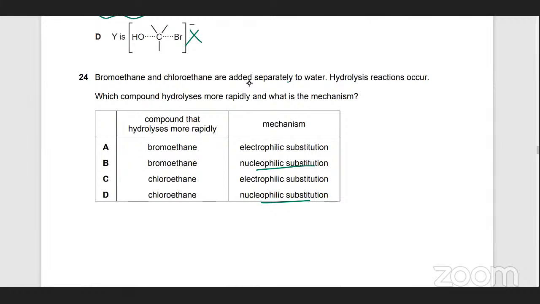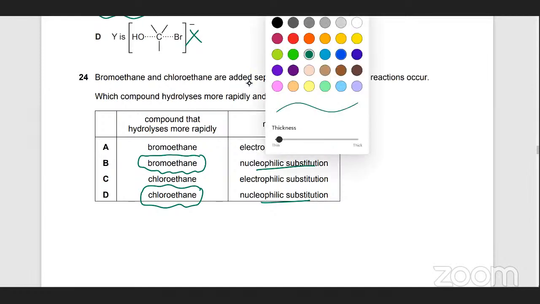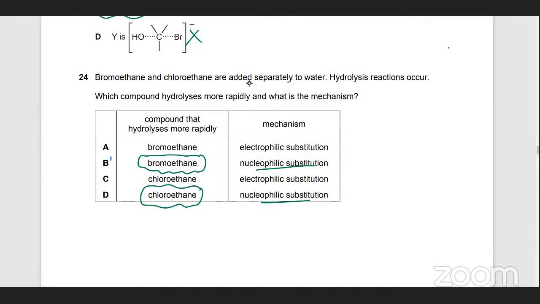Okay, who's going to answer? Which one is going to react first? Bromoethane or chloroethane? Which is more reactive? Which halogenoalkanes are more reactive? Bromoethane. Okay, that's more reactive. B is the right answer because the C-Br bond is weak. Bigger atoms, they have weak bonds.